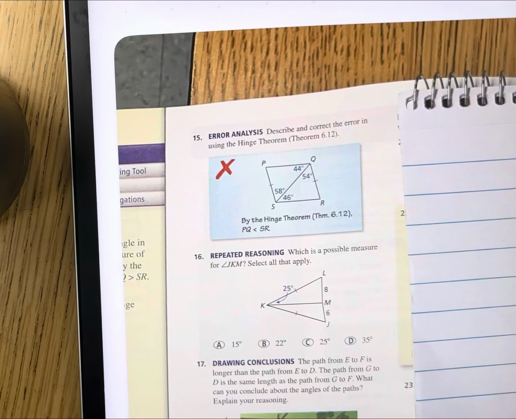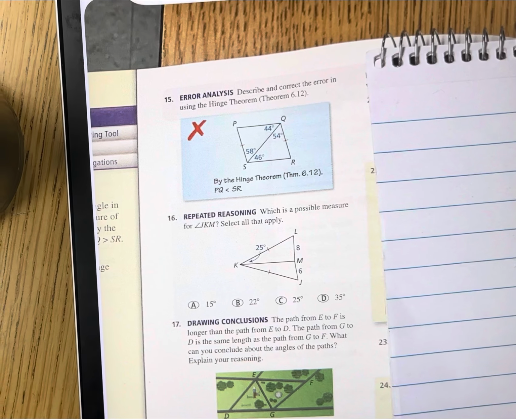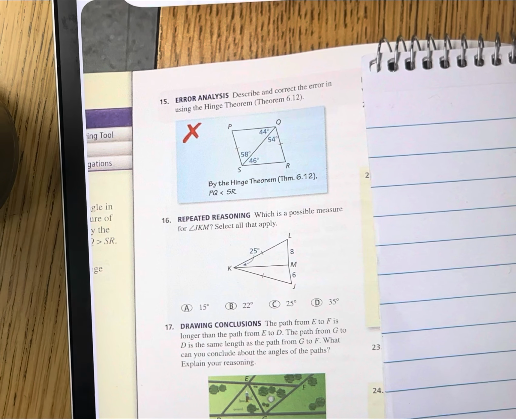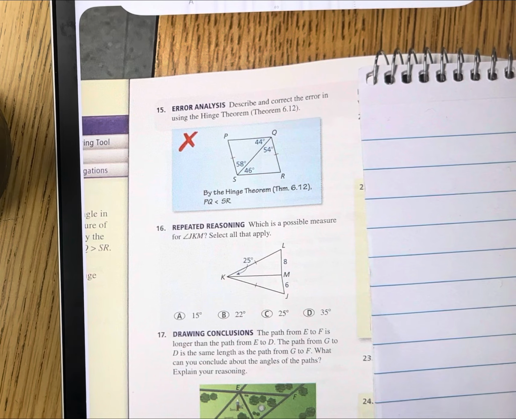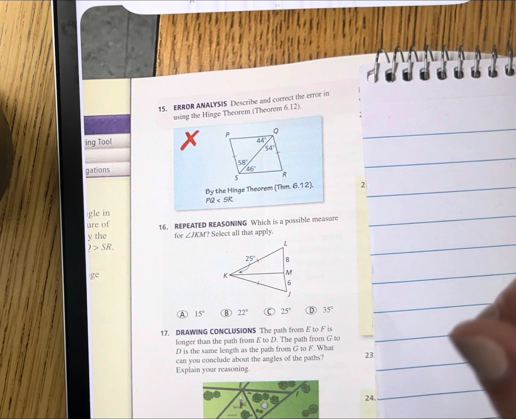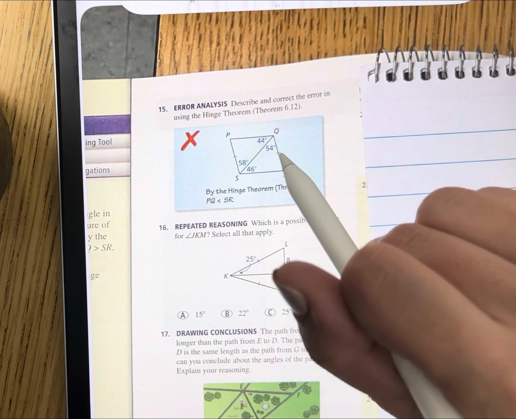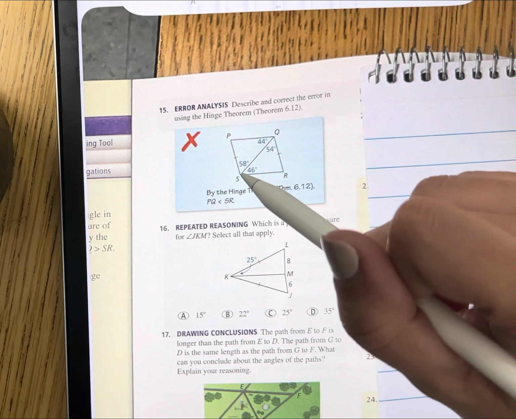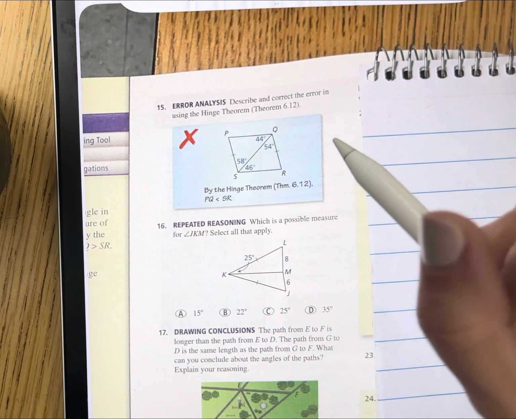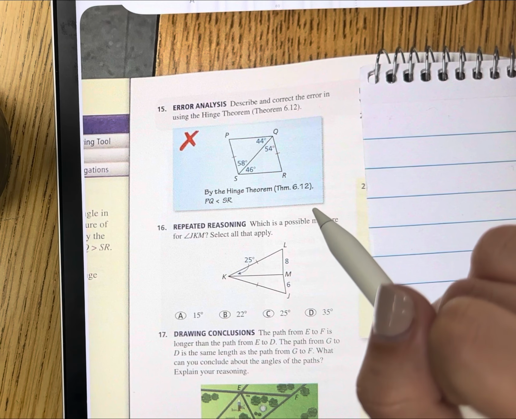So number 15, describe and correct the error. All right, let's take a look at this. We have a side congruent to a side, check. Then we've got a reflexive side in the middle, so that's the second side that's congruent.